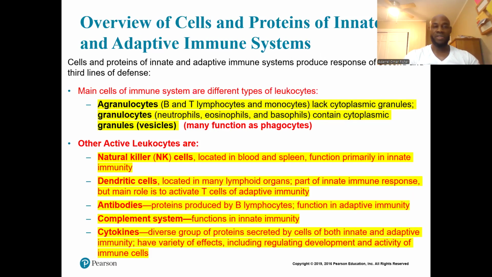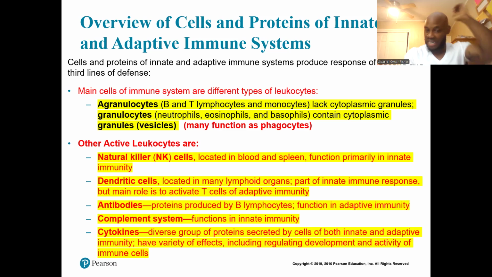Then we have cells and proteins of innate and adaptive immunity. Main cells of the immune system are different types of leukocytes. So we have the agranulocytes, which don't have the granules on the inside, the B and T lymphocytes and monocytes. We have granulocytes, neutrophils, eosinophils, basophils, right?